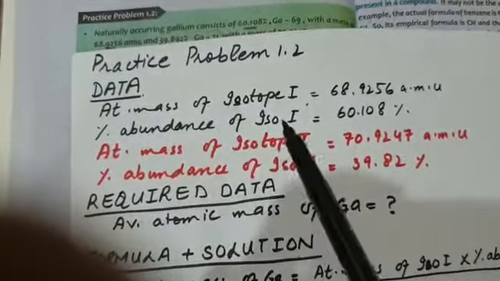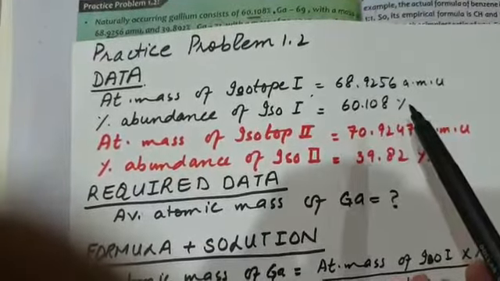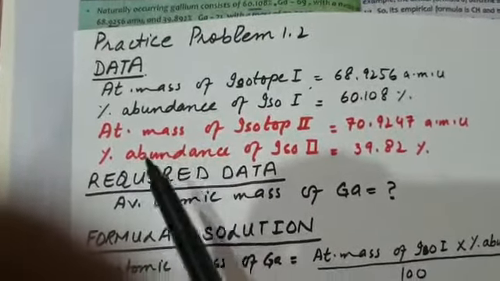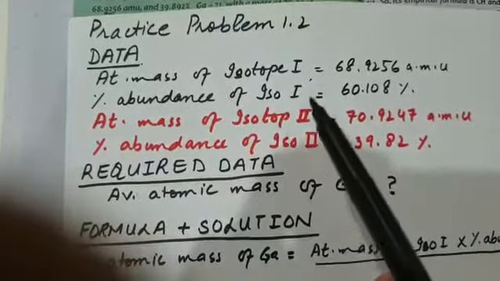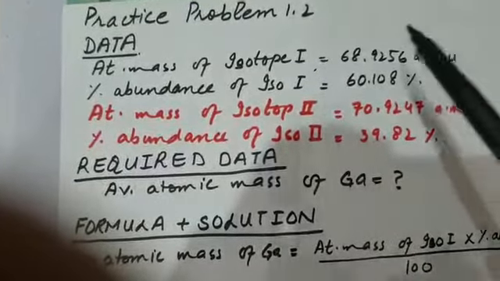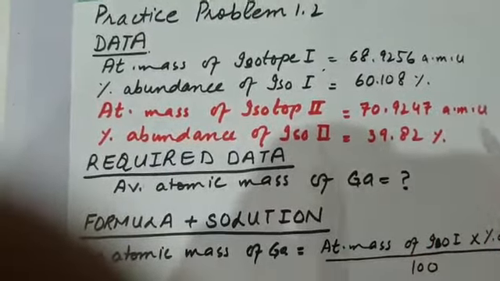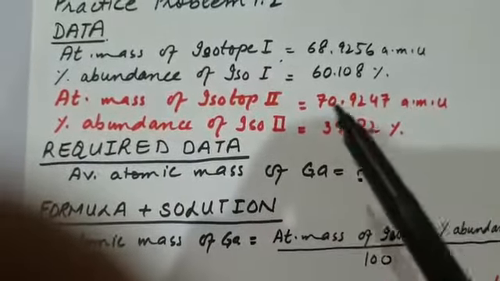The percentage abundance of isotope 1 is 60.108%, given in the numerical. The black information is for isotope 1, and the red information, indicated with the red marker, is given in the question for isotope 2.